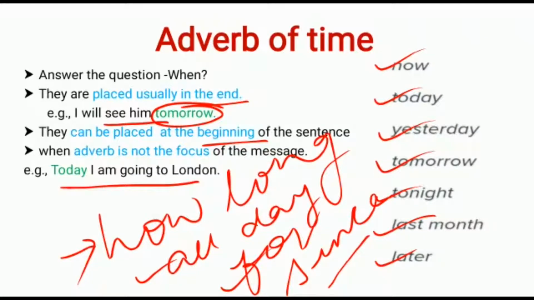Today I am going to London. Here the adverb of time today is not the focus of our message, and that is why it is placed at the beginning of a sentence. So I hope you have understood what is adverb of time, how to use adverb of time in a sentence.